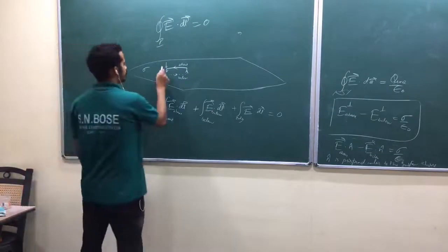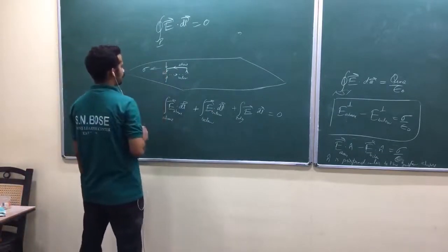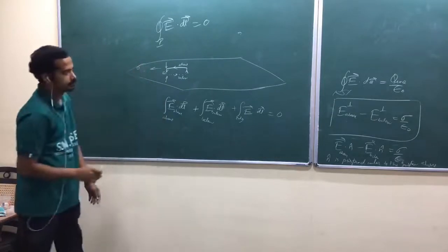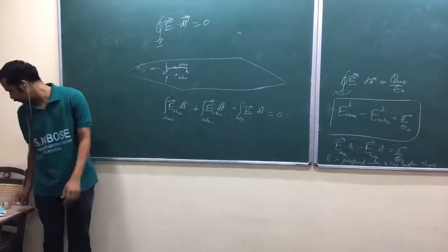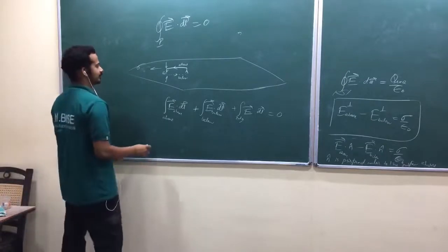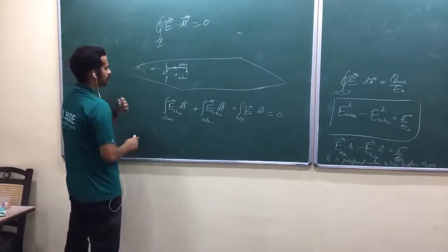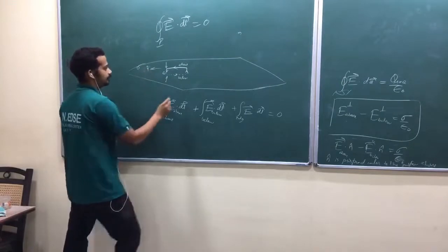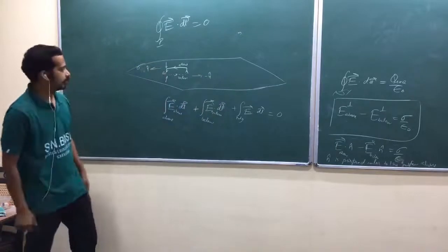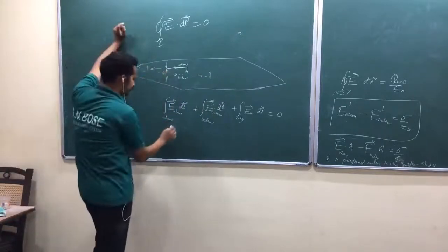Now suppose this is one direction. What shall I take? I should not take n cap, because n cap looks perpendicular now, isn't it? Let me take this one as y cap. Then this will be minus y cap. So this dl vector, let me write it down.